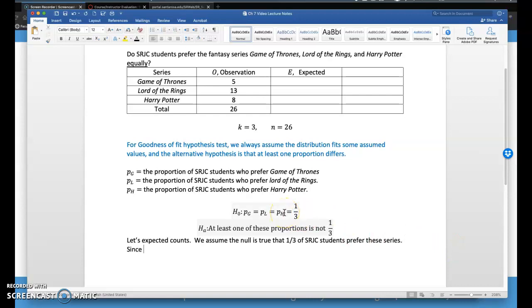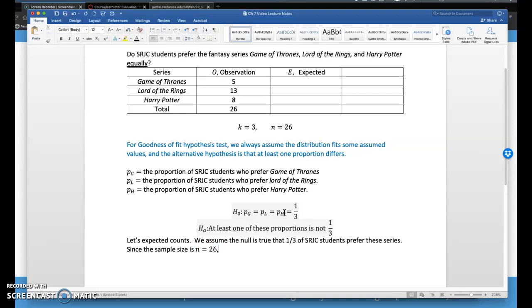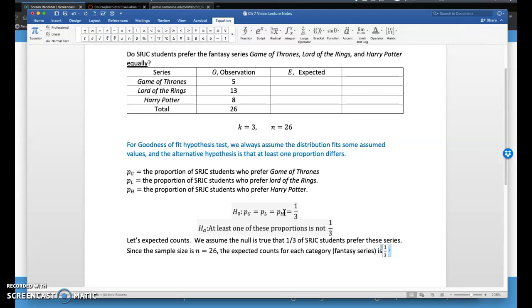And since the sample size is n equals 26, the expected count for each category, in this case fantasy series, should be 1/3 times 26. And that is, approximating to 2 decimals, about 8.67.